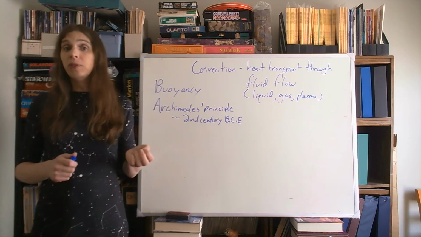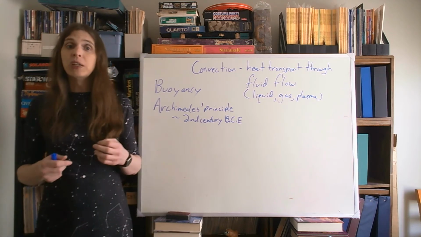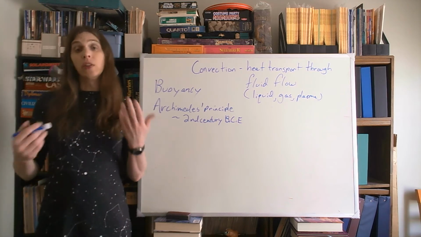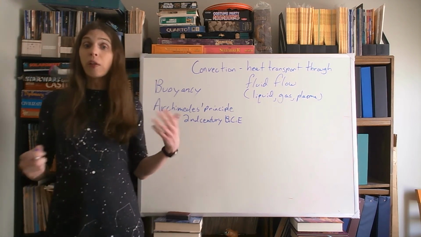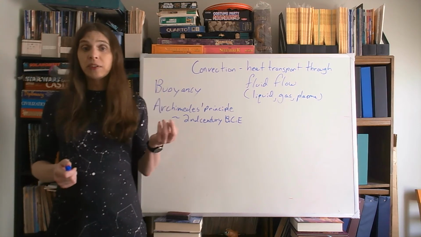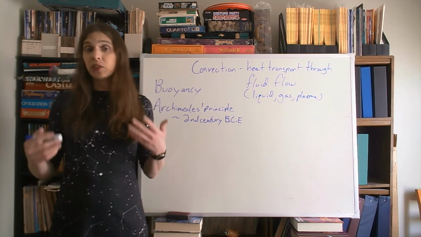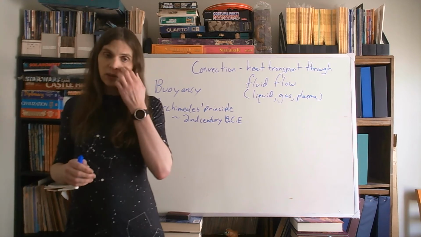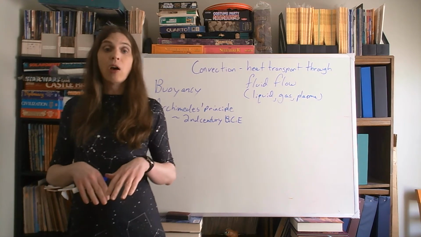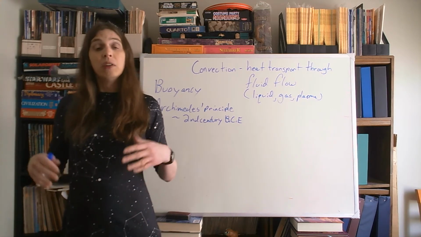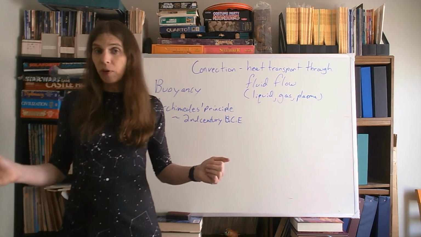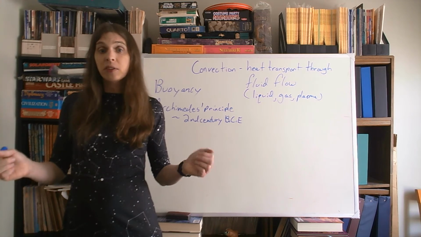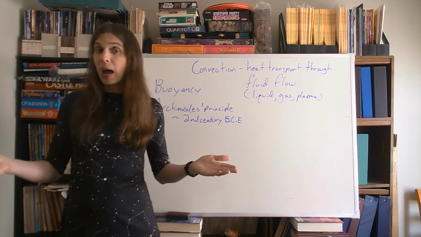And so he called his relative Archimedes, and Archimedes went to think about it. And the story goes like this, that Archimedes, while he was pondering it, went to take a bath. He sat down in the bathtub and noticed that as he sat in, not only did the water support him, but some of the water overflowed and went out of the bathtub.